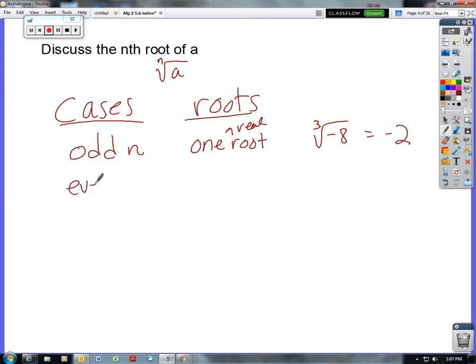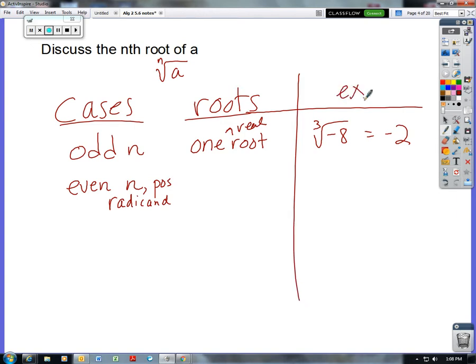If you have an even n, you can actually get 2 real roots. Oh, even n, sorry, I'm getting a little ahead of myself. And a positive radicand. I should do examples over here. So let's do an even root. How about the fourth root of a positive number? Let's do 16.